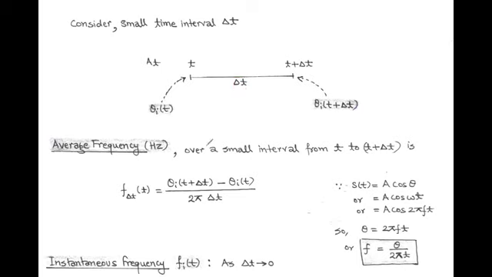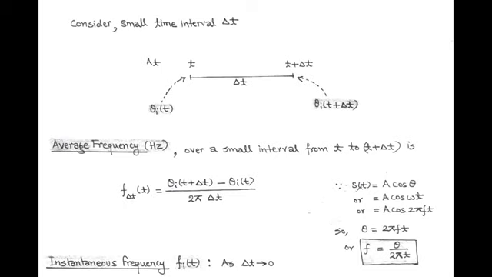Accordingly, we can find the average frequency in hertz over this small time interval from t to t plus delta t. Hence, the average frequency is denoted as f_delta t of t equals theta_i of t plus delta t minus theta_i of t, upon 2 pi delta t. So this is the formula to find average frequency in case of angle modulation.